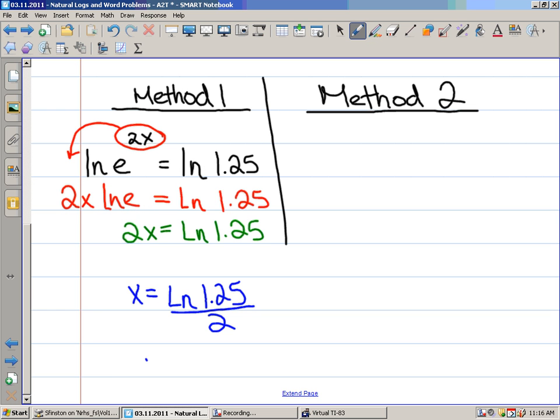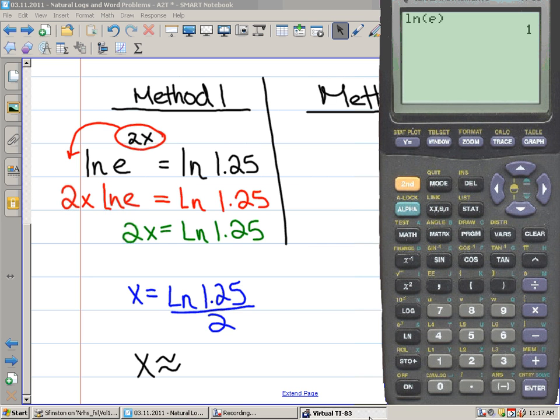So I'm going to give my answer in x form. x is approximately what? To the nearest hundredth, you're going to do the ln of 1.25, close that parentheses, divided by 2. And I think the answer is 0.11.